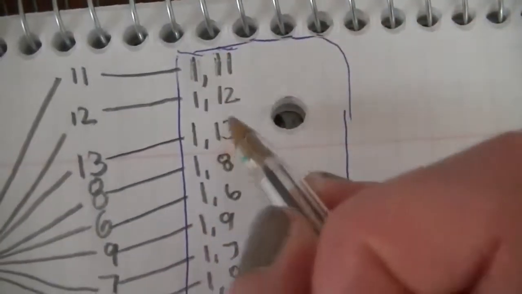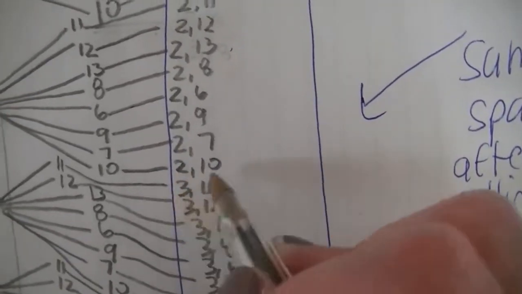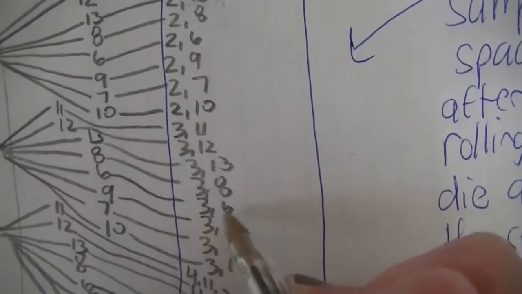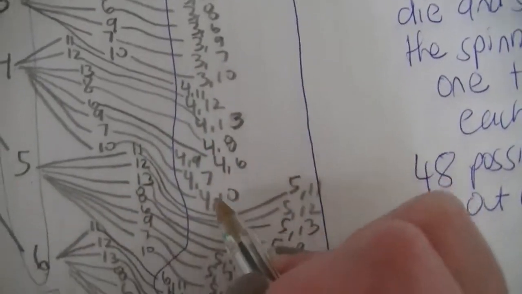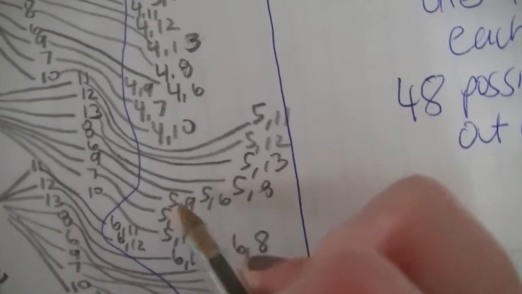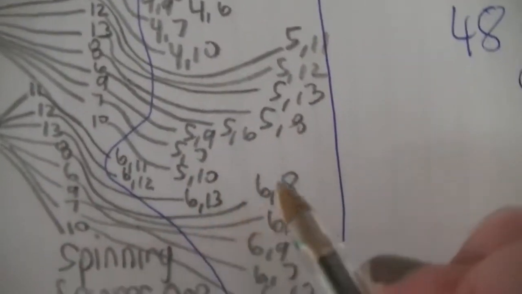There's 1, 2, 3, 4. None of those, because 2 is even. 5, 6, 7, 8, none of those. 9, 10, 11, 12, and none of those, because the 6 is even. So that's 12. It's 12 winning combinations.